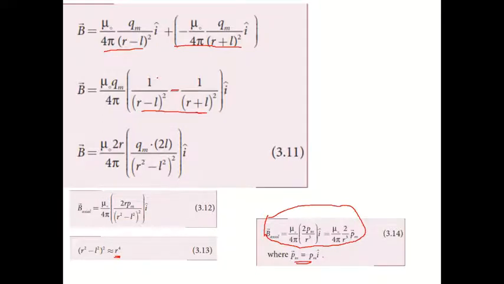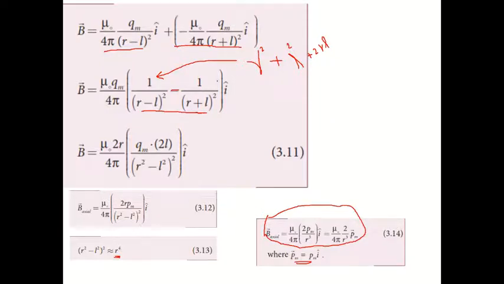On this side you will get r square plus l square plus 2rl.